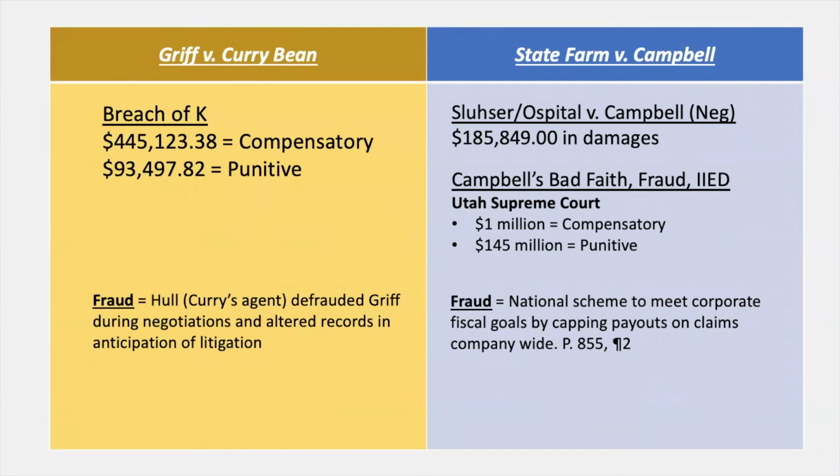So one's a little bit more high scale, but the actual bad conduct was just fraud. They're the same. However, the award in State Farm was $145,000 more than the compensatory damages suffered. And in Gruff v. Curry Bean, it was not even twice the amount of compensatory damages. And so here you could see why in Gruff v. Curry Bean, they upheld the award of punitive damages, versus in State Farm, they didn't uphold it.